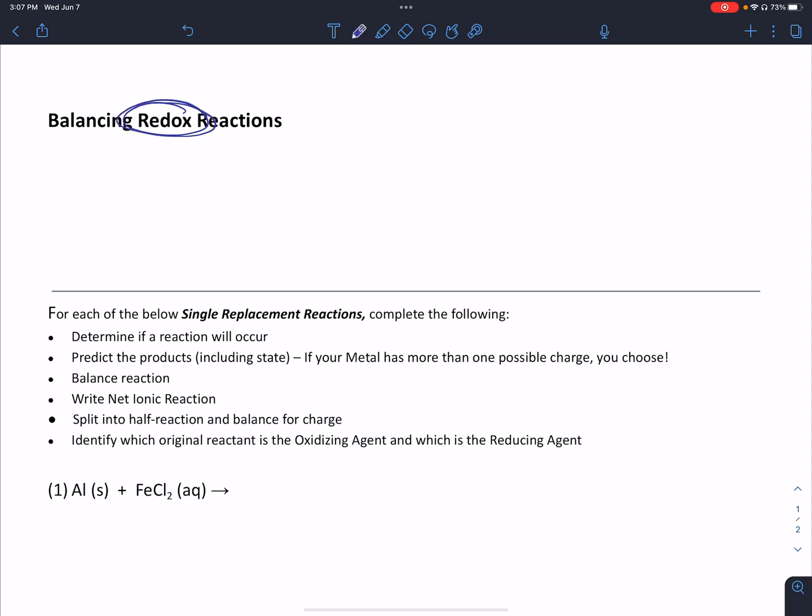All right, so that word redox is a compilation of two words. A redox reaction is a look at how electrons move among atoms in a reaction.